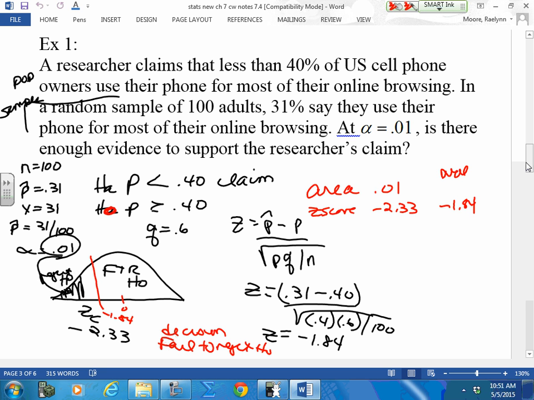Table 4. Look it up in table 4. Look up negative 1.84. So if I ask you to test for p-val, you just pull up your table 4, we're back to your z-score. And what's your p-val?